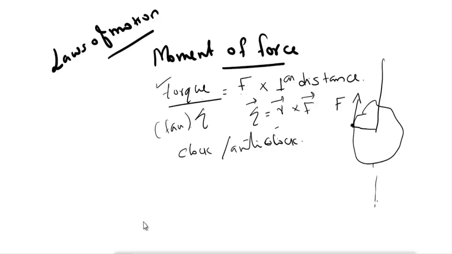R cross F is R F sine theta times vector n, where n is the unit vector perpendicular to both R and F.